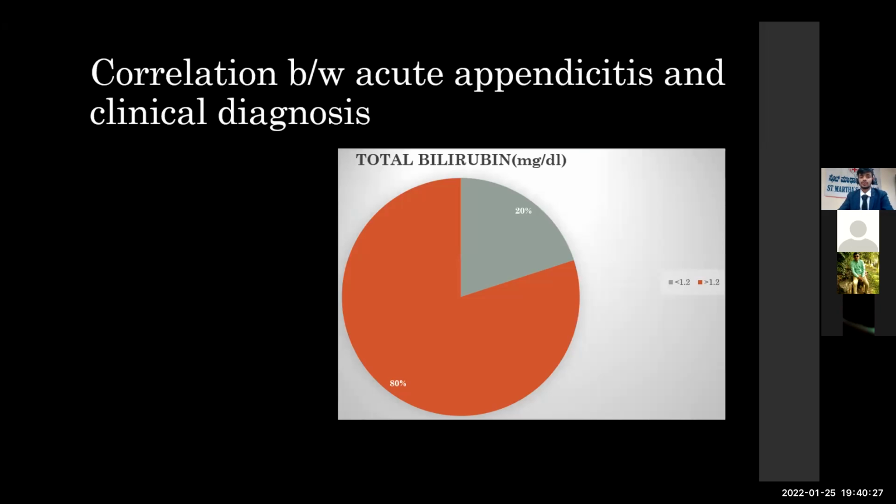Now, we would like to correlate the elevated serum bilirubin in acute appendicitis and the clinical diagnosis. 80% of patients had elevated serum bilirubin of more than 1.2 mg per dl in patients diagnosed as acute appendicitis by clinical examination.